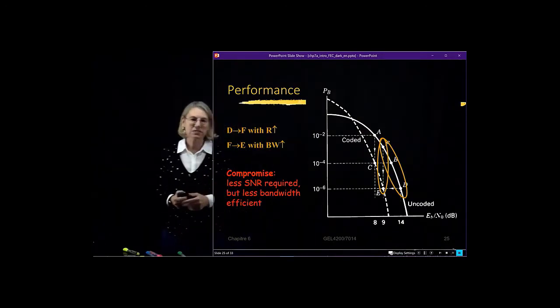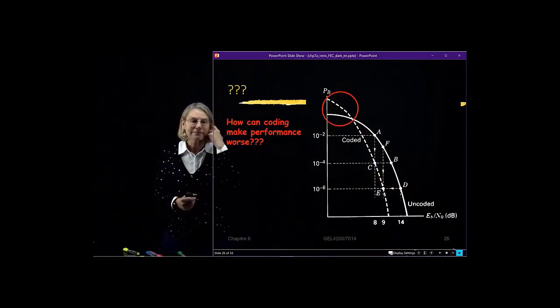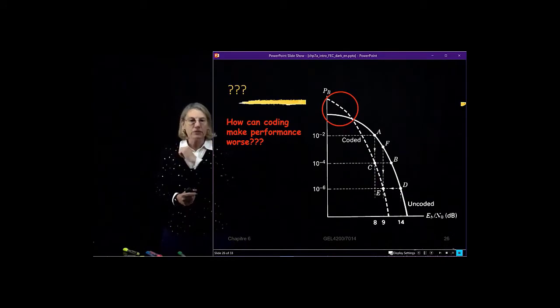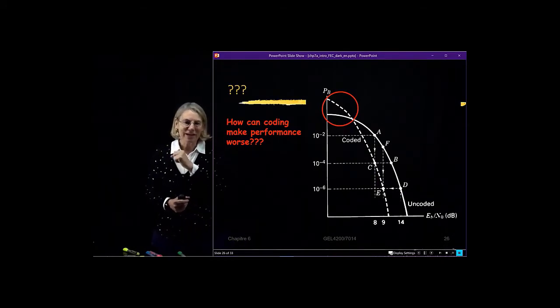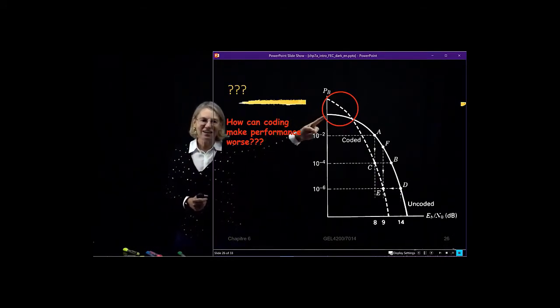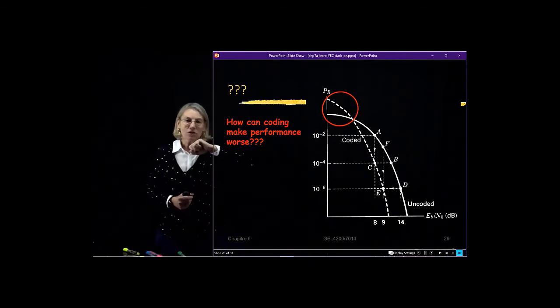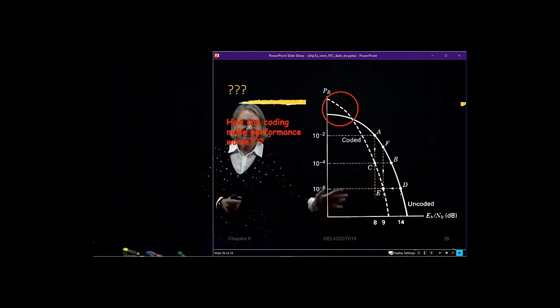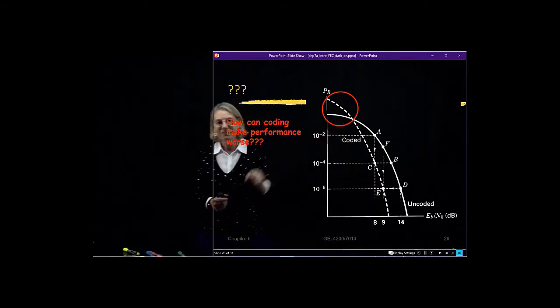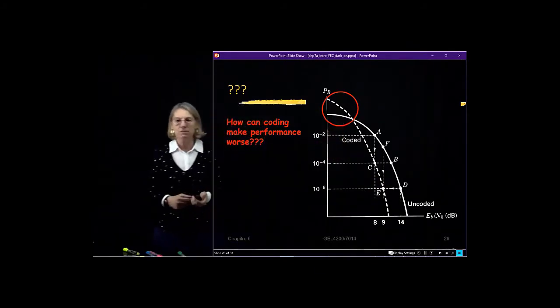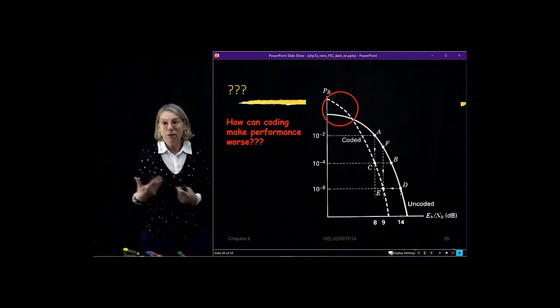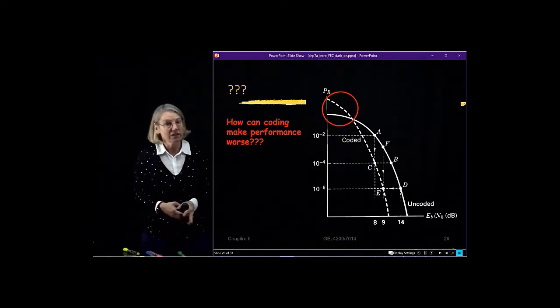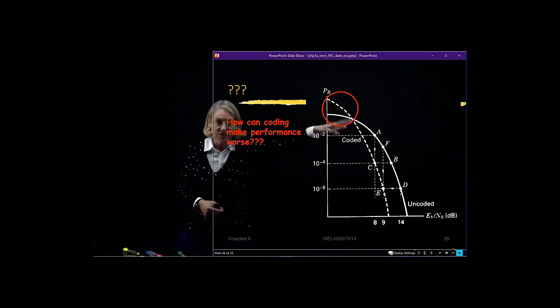But let's look at a specific numerical example to see that. But one step before we do that is to look at the place in the curves where the dotted one is not closer to the origin. There's some crossover region, and that's where coding can actually make your performance worse. So why would I use a code if it was going to make it worse? Well, the answer is I don't use it in this area.